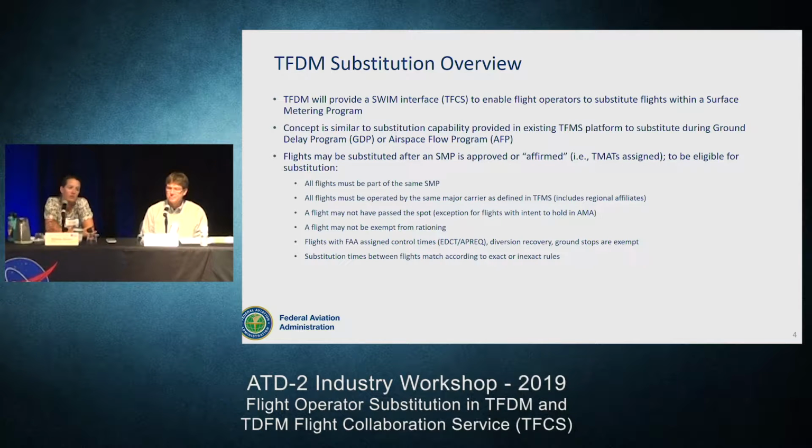This comes down to an individual, perhaps site decision. There may be a site decision which would fall more on the CSIT and P3 side. But if a site has decided to not exempt flights that have not received a CFR from rationing, then you could be substituting those flights as long as they don't have that CFR time.